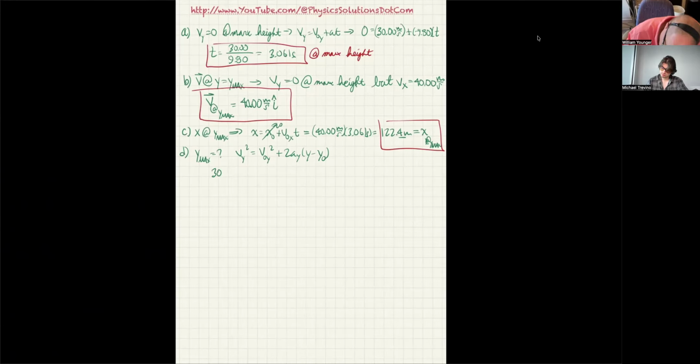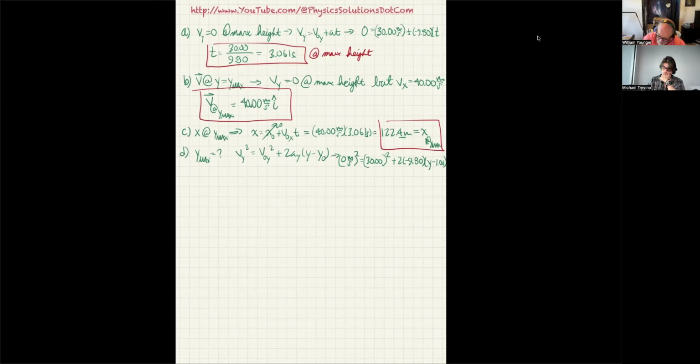Actually, the velocity in the y direction at max height is 0. So this is going to be 0 meters per second squared is equal to 30.00 squared. I'll leave the units off for the rest of the part. Plus 2 times negative 9.80 times y minus 1.00.